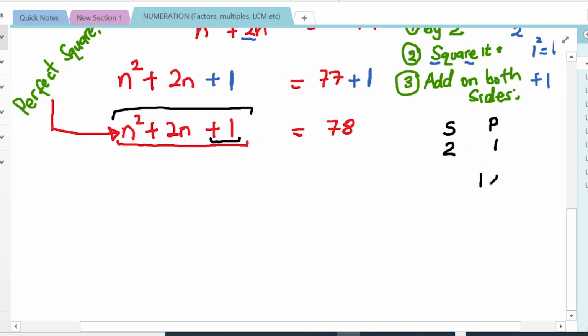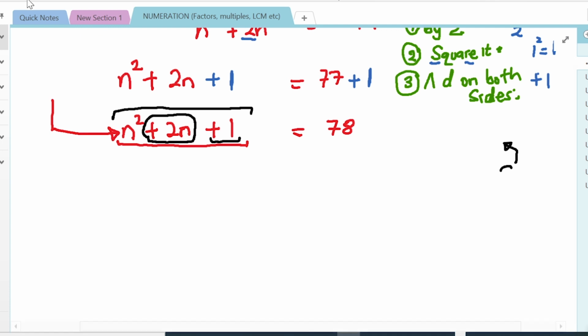So when we say 1 times 1, 1 times 1 gives us 1, and 1 plus 1 gives us 2. So the two numbers are 1 and 1. Those two numbers 1 and 1 are what we are going to use to replace this middle portion.